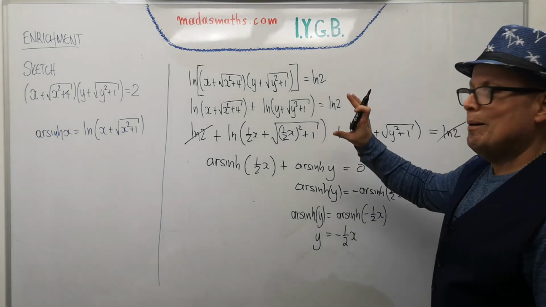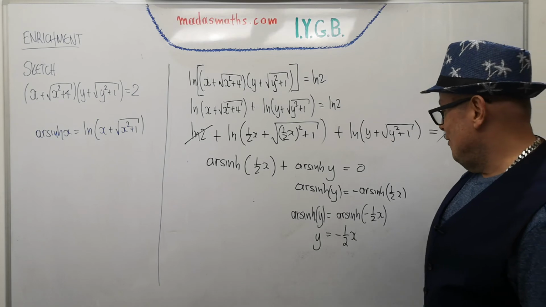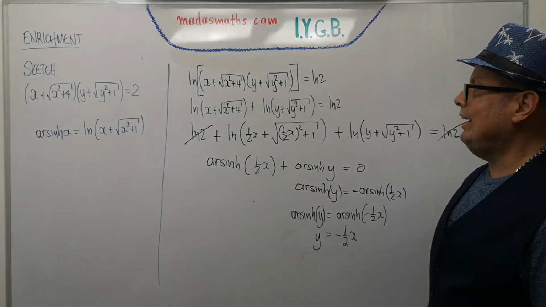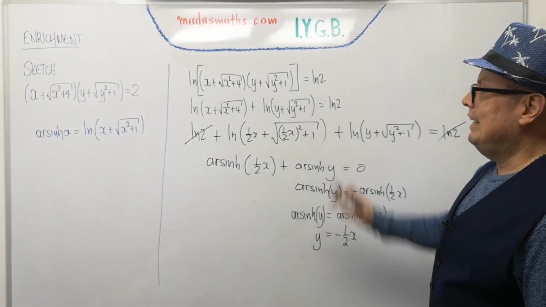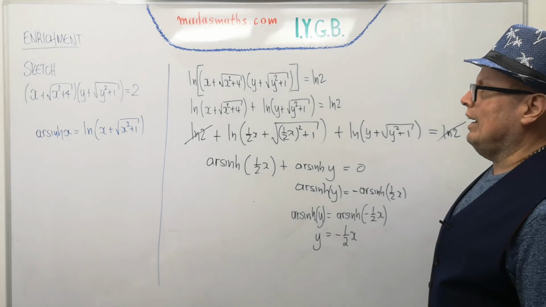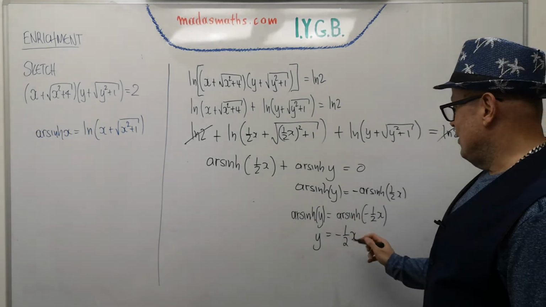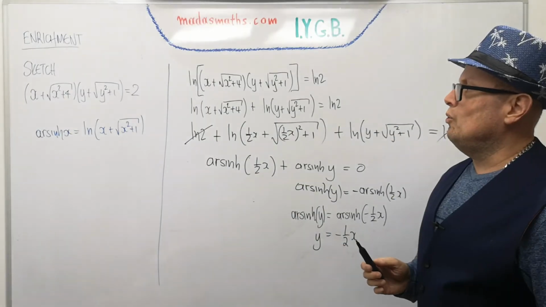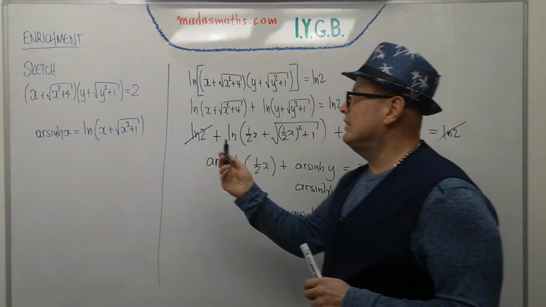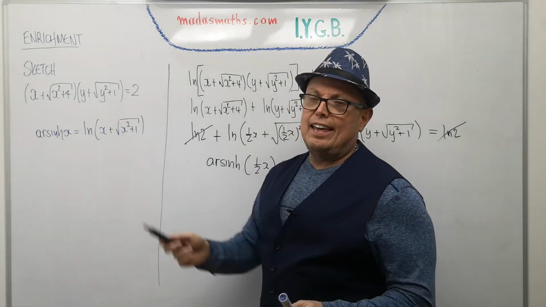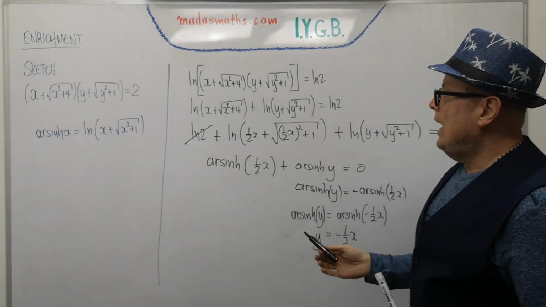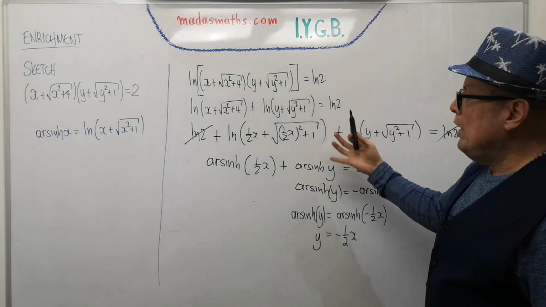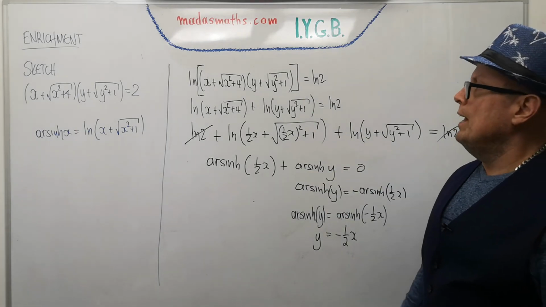I'm not going to waste time to rub off my board to do a sketch of the straight line y is equal to minus a half x after all of this, but this is essentially just a kind of distractor perhaps when it says sketch this. It's trying to get you to go the wrong way by looking for other things and stationary points, to move you away from the real way of actually dealing with this particular problem.